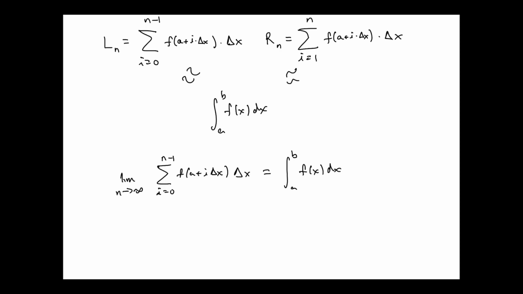And this maybe clues you in as to where this dx came from. Stare at those two things next to each other. We've got a function, f of something, times a width. So the delta x kind of becomes the dx. Does that notation make some sense?